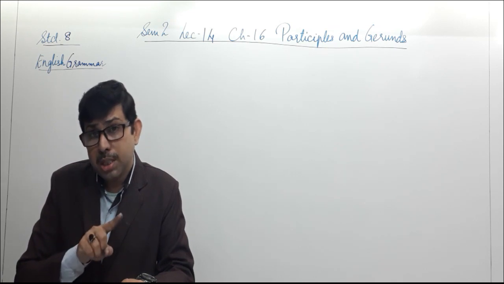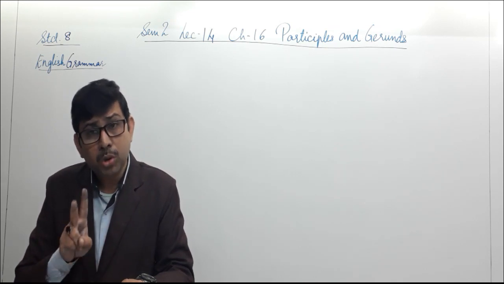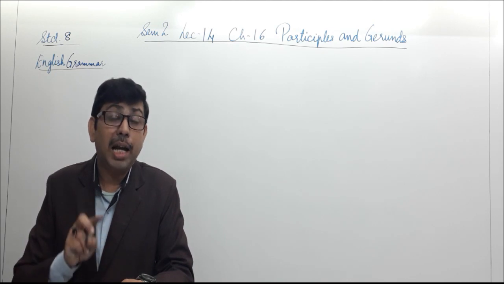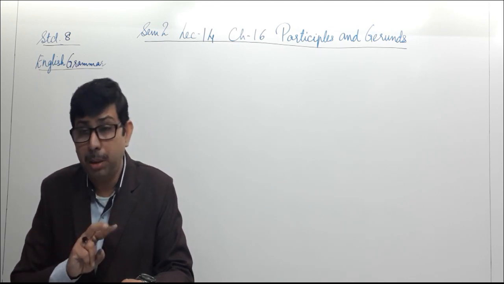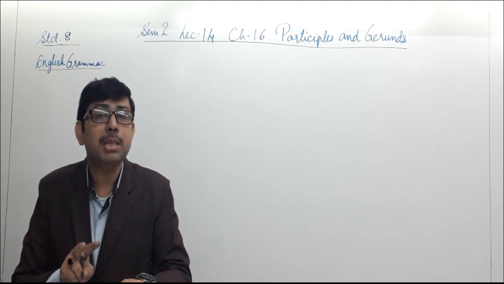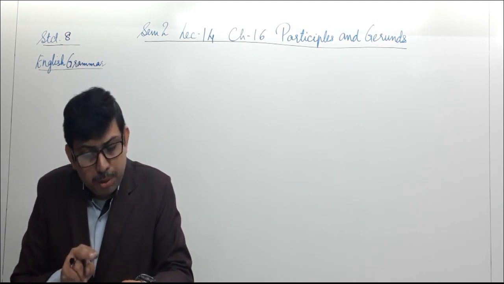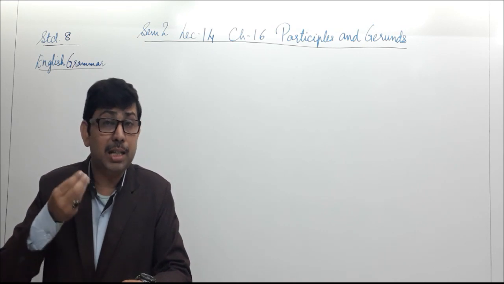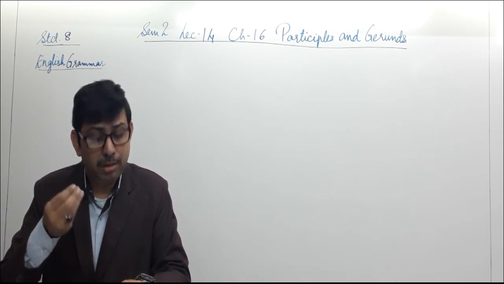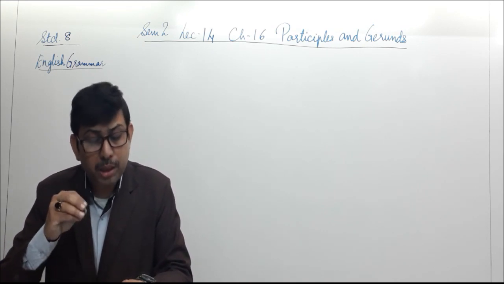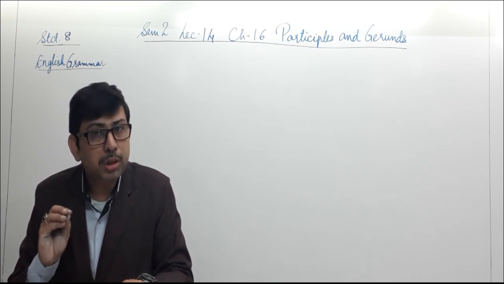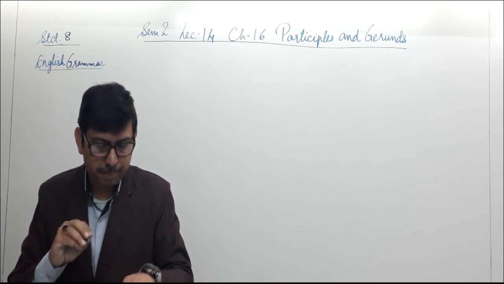Well, seeing was the subject and believing was the complement, both appearing to us as ing form of the verb present participle, but none of them were used as a present participle. Here swimming is good exercise, where swimming is a name of a thing, name of an exercise. Swimming is a name. Therefore, it is being used over here as a subject part. Therefore, swimming plays the role of a subject and nothing else.